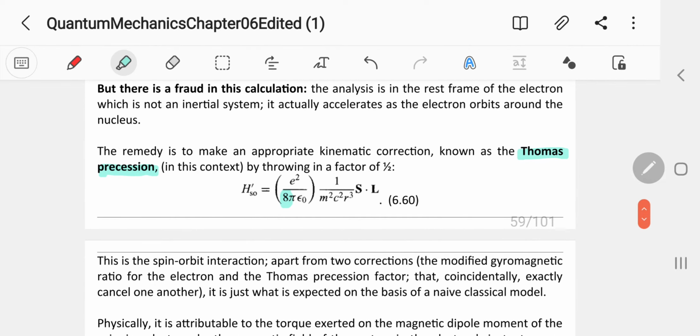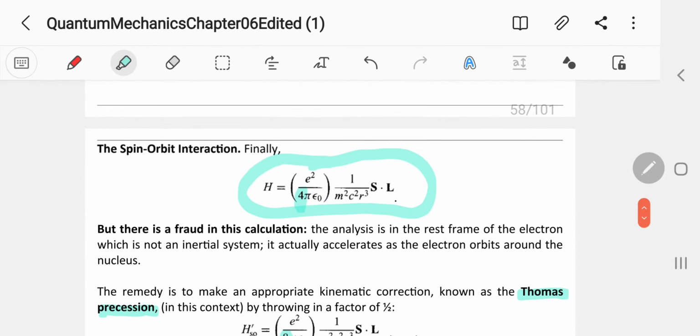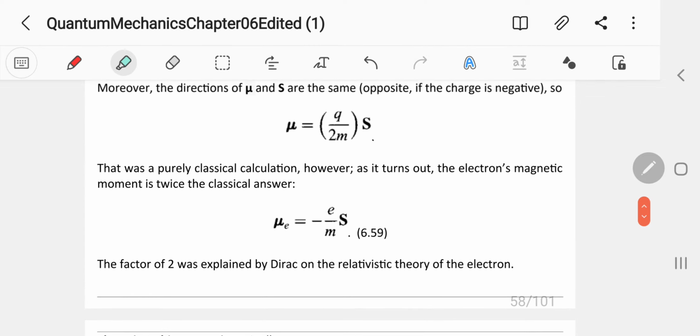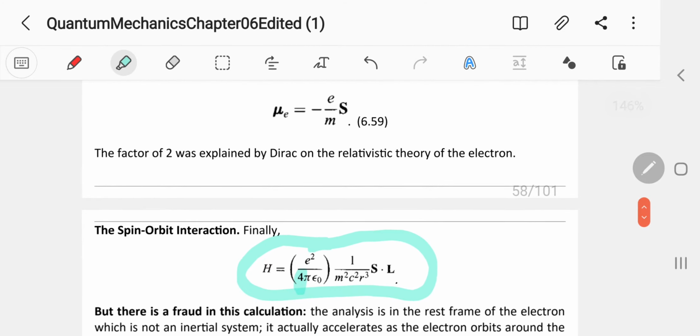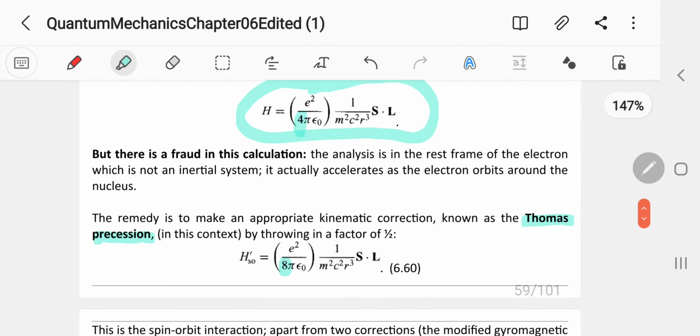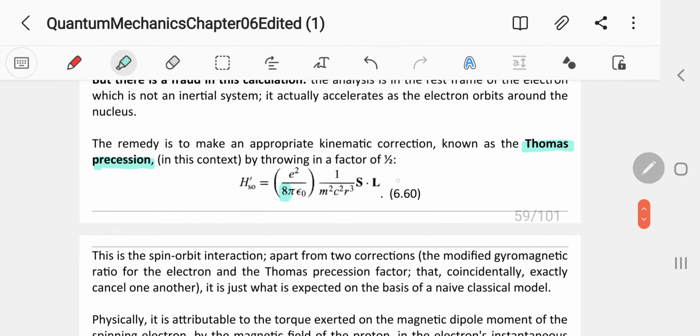So if we try to look at this one here, it would also be just taking the classical result, and the correction would just be this one.